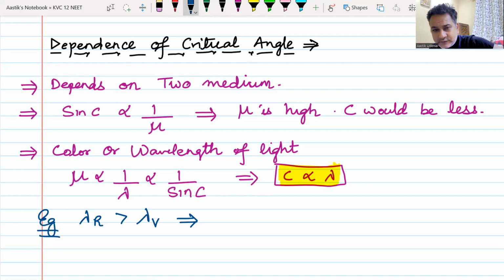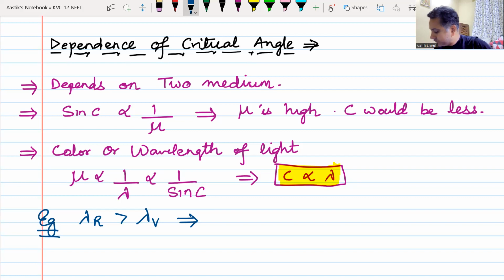We know that wavelength of red light is more than the wavelength of violet light. What can you say about the critical angles? Whose critical angle will be more? Whether it will be more for red light or will it be more for the violet light?